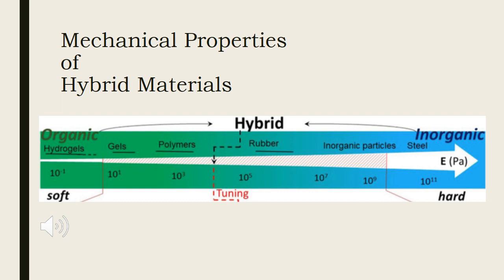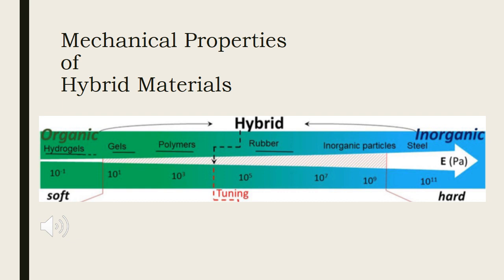In hybrids, inorganic materials are added for their hardness and brittleness, whereas organic materials are used for their softness and elasticity. So, more inorganic part means more hardness and more organic part means more elasticity.